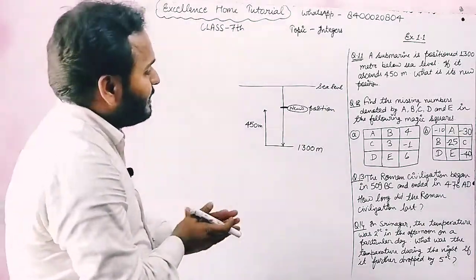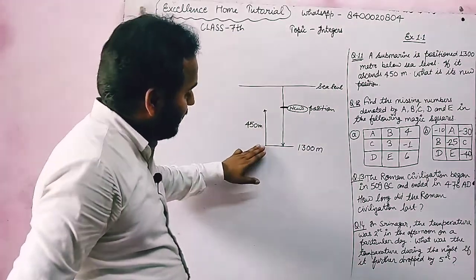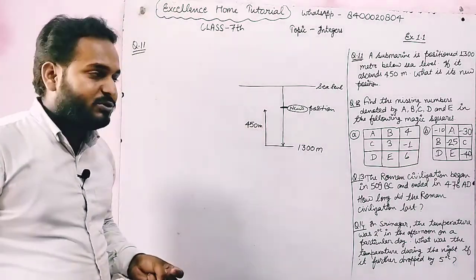So we can represent below the sea level by a minus sign, and if it ascends, this is represented by a positive sign.